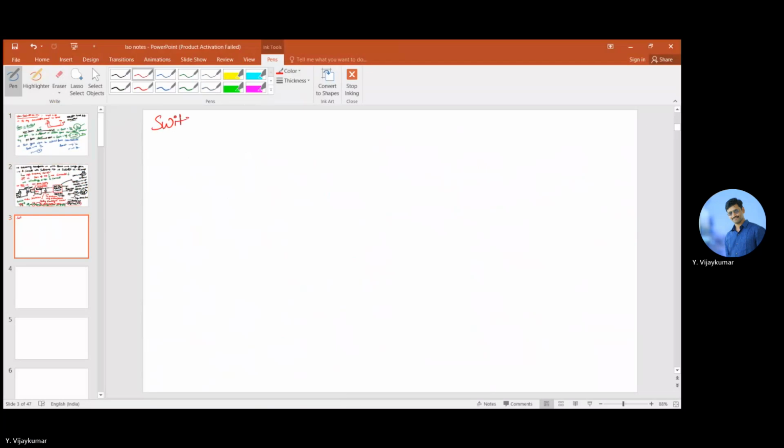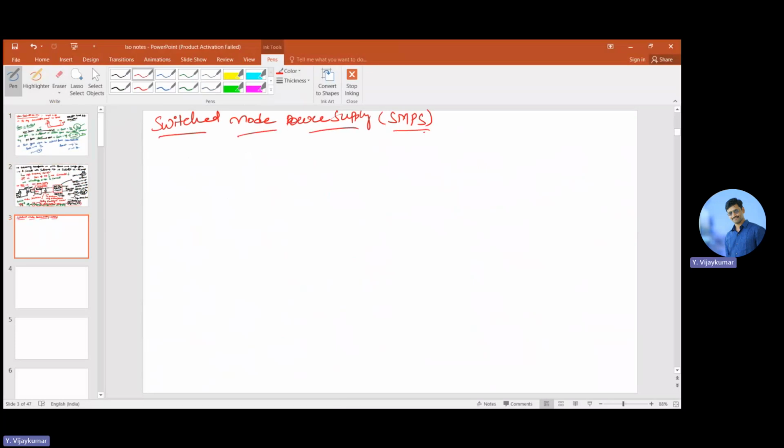In short, we call this SMPS, switched mode power supply.